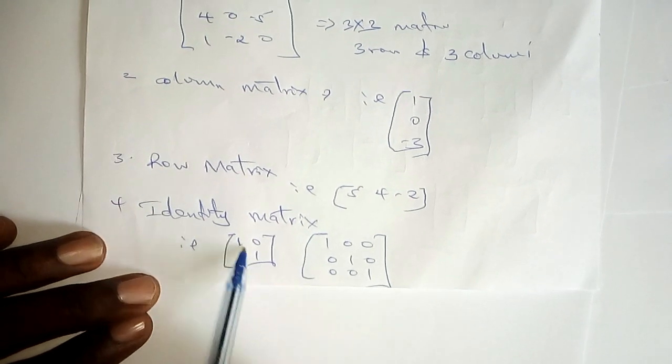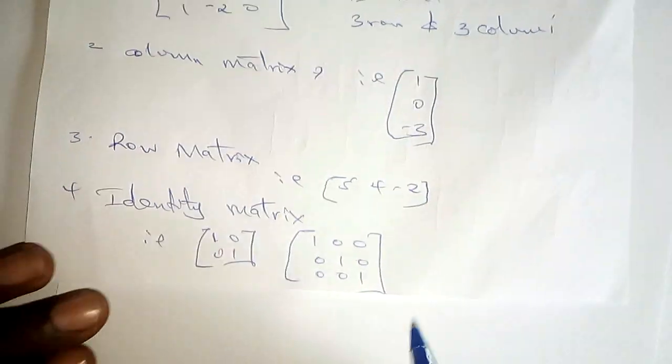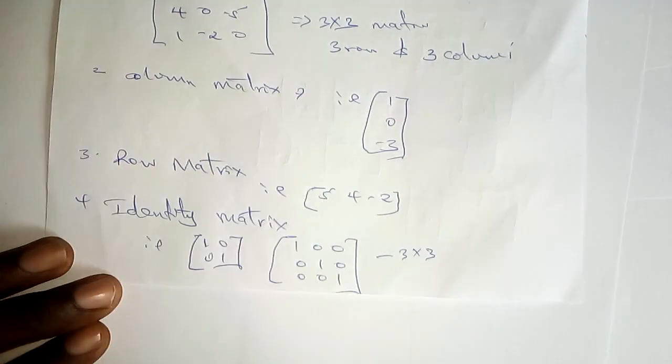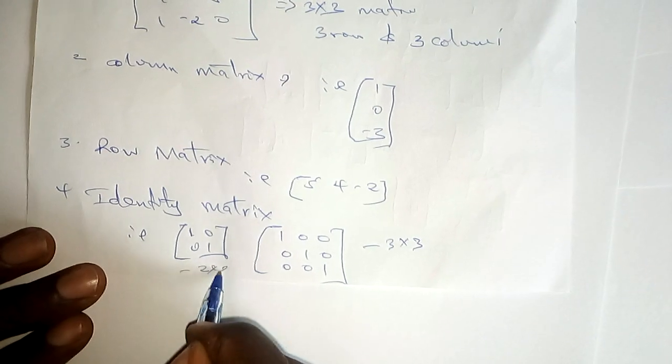The leading diagonal is this one. You can see there is a unity, that is 1, 1. This is the 3 by 3 identity, and this is the 2 by 2 matrix identity.